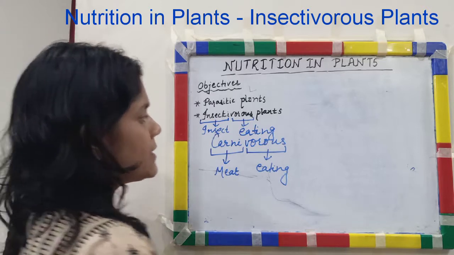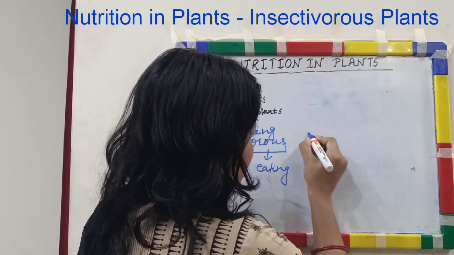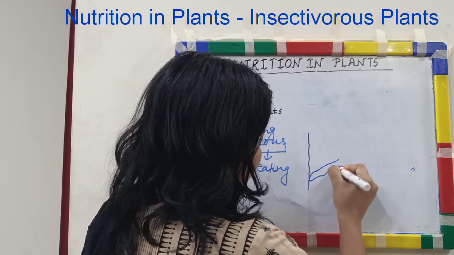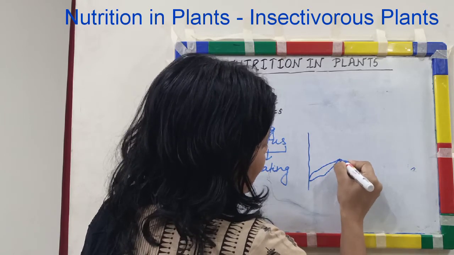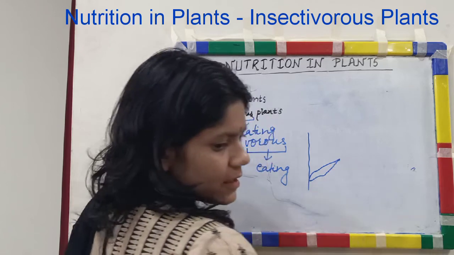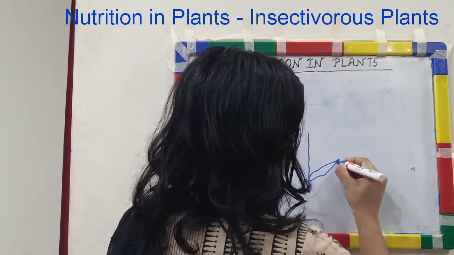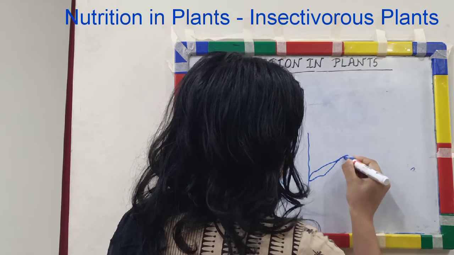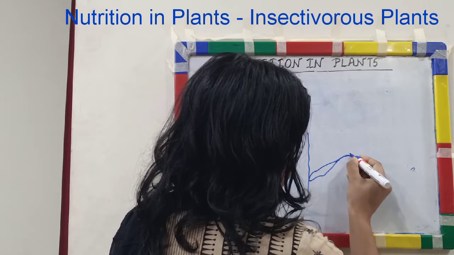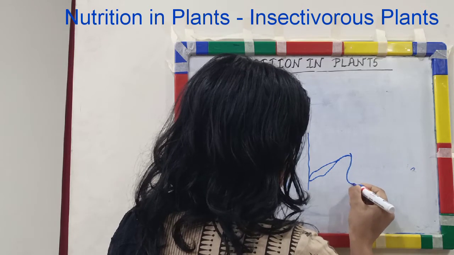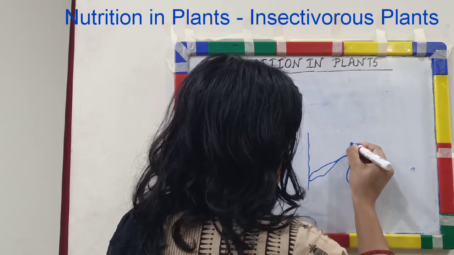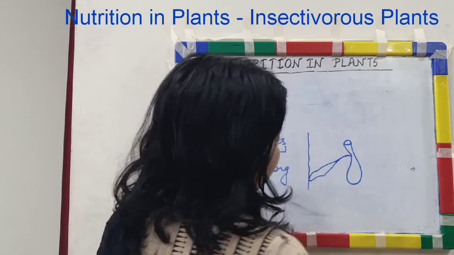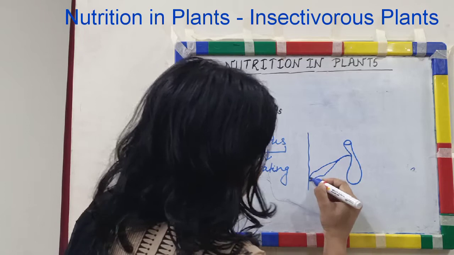So if you see an insectivorous plant, that is the Nepenthes plant. This is the leaf of a Nepenthes plant. And actually what happens? The leaf of a Nepenthes plant is modified in the form of a pitcher. You can see it is a modification of a leaf.